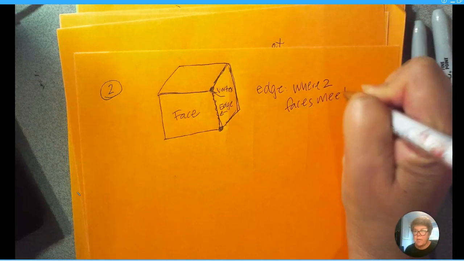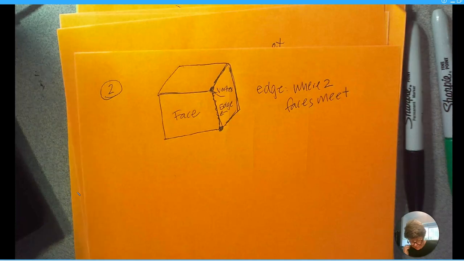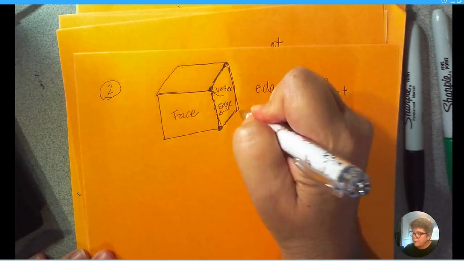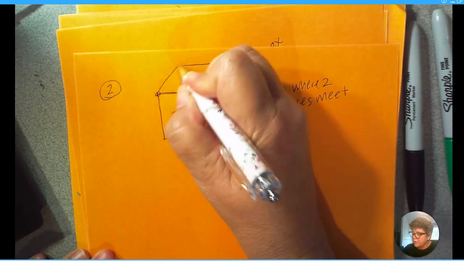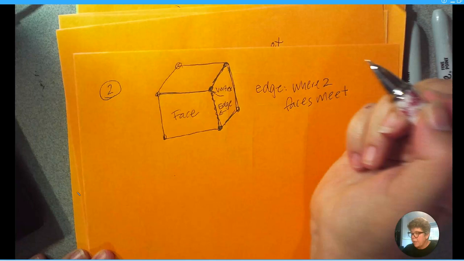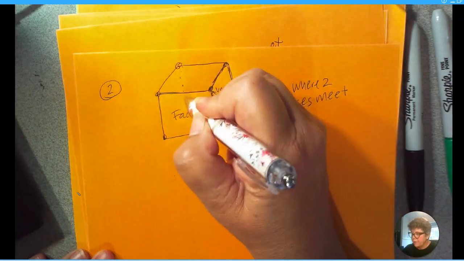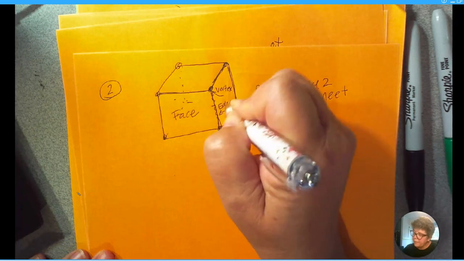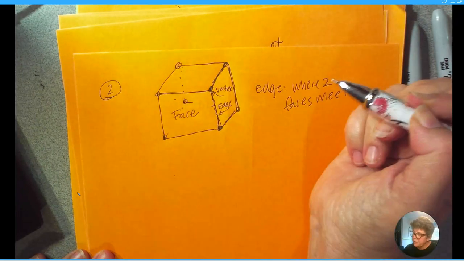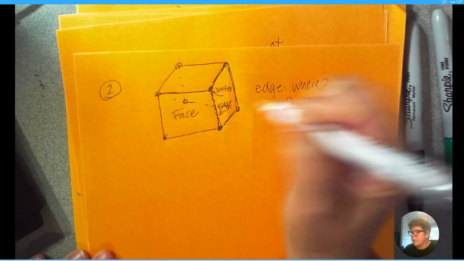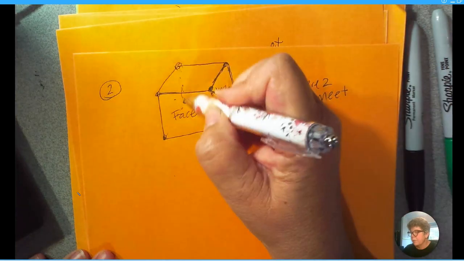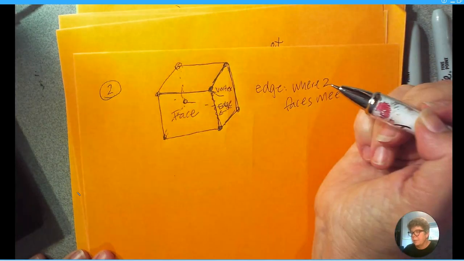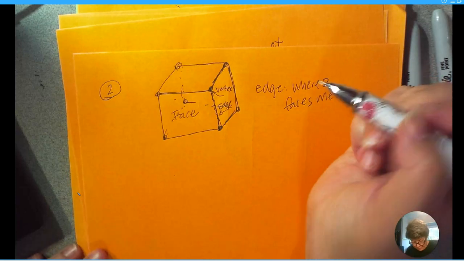And then of course we have vertices, and in number 2 in your book you can go ahead and mark all of the vertices, all of the places where they meet. And I don't know if it has it in your book, but this is just what you can't see in the back. There is a vertex back there too, right? It's not anything special. It's just showing you where it is behind, where you can't see it, right?